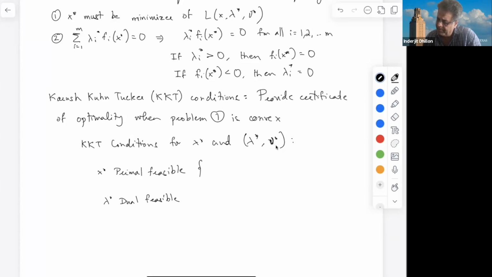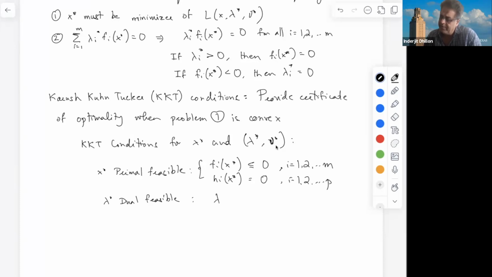Primal feasibility, remember, is f_i(x star) less than or equal to 0 for i equals 1 through m, and h_i(x star) equal to 0 for i equals 1 through p. Dual feasibility is that lambda_i star is greater than or equal to 0 for i equals 1 through m.